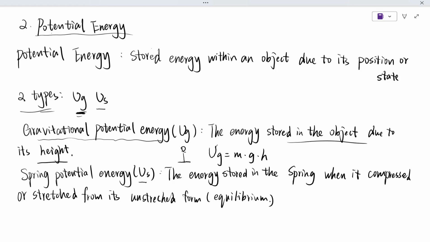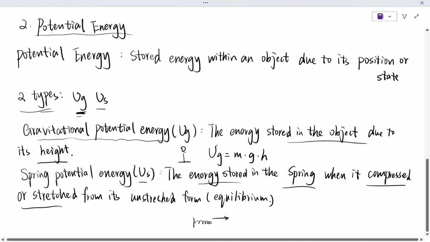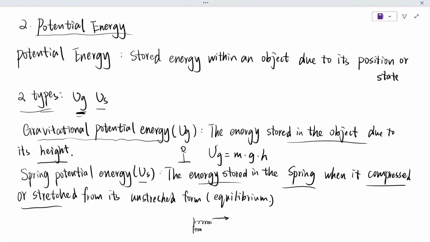Next, spring potential energy, Us. It is the energy stored in a spring when a spring is compressed or stretched from its unstretched form. And the unstretched form is also known as equilibrium. For example, this is a wall and there's a spring on it and you're pulling it. The original length, or at equilibrium, the spring is this long.